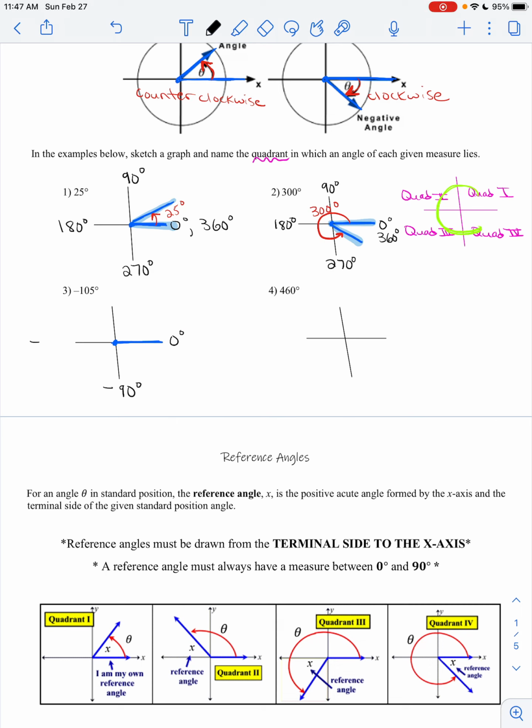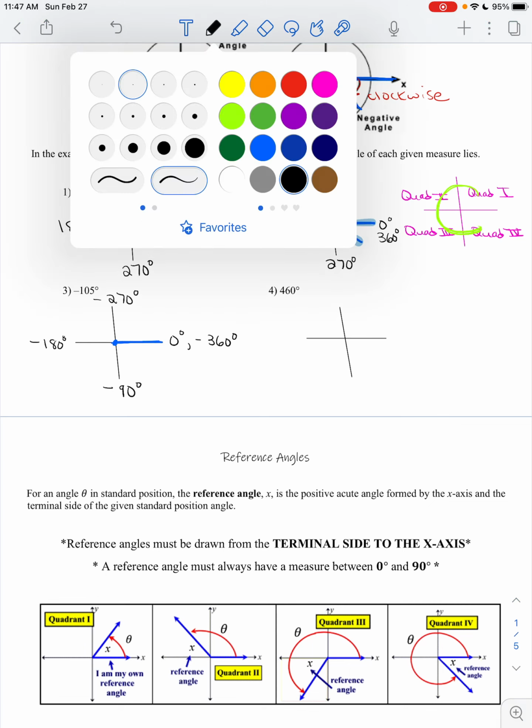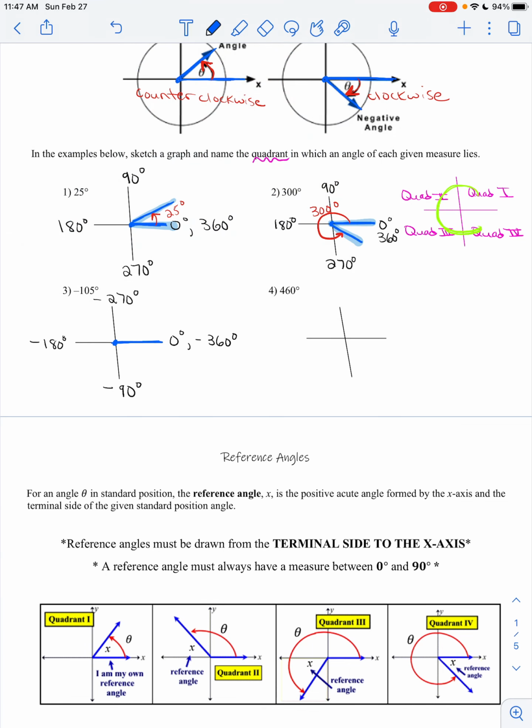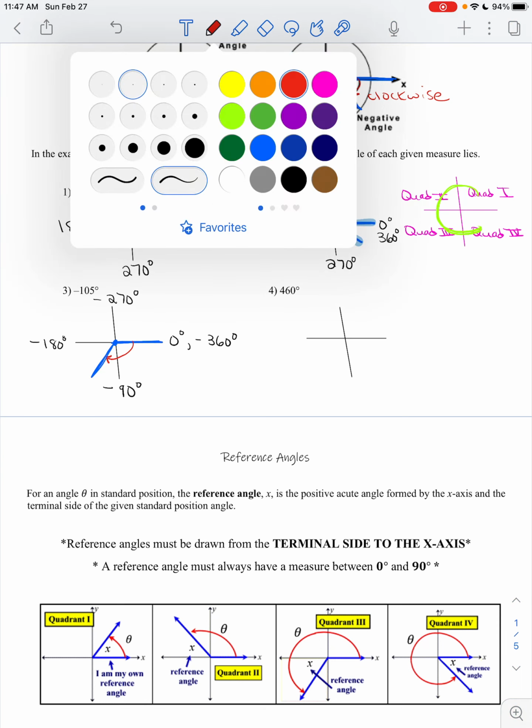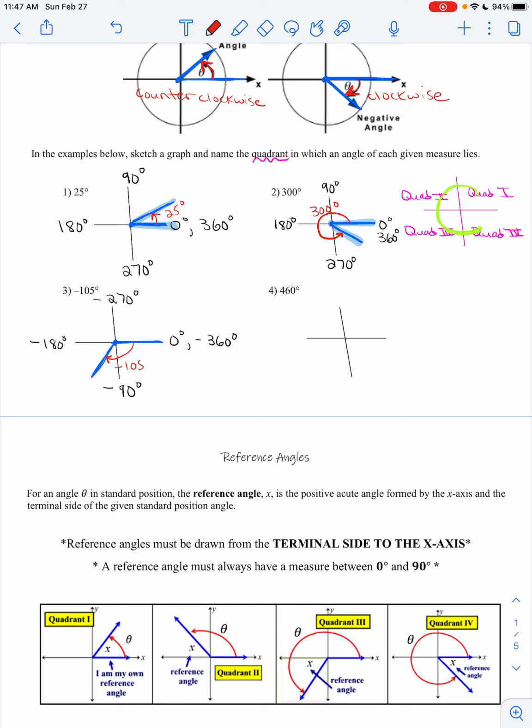So this would be negative 90, negative 180, negative 270, and negative 360. So I need to go negative 105. So this would be negative 90, and I have to go a little bit more. So here I would be. This is negative 105 degrees.